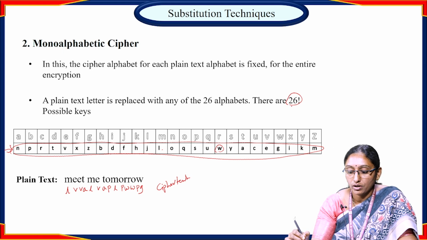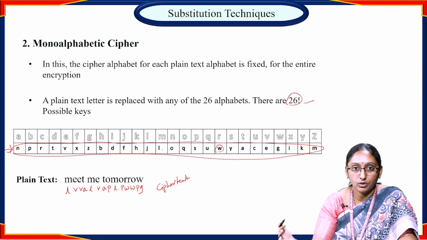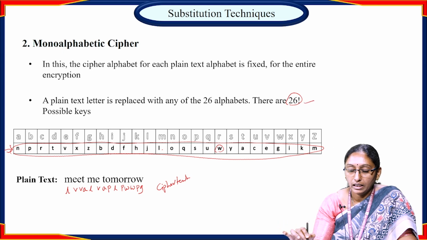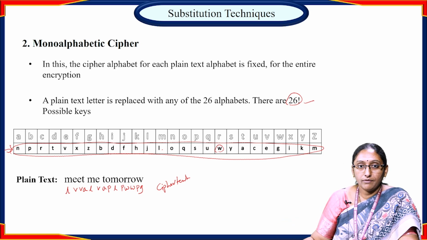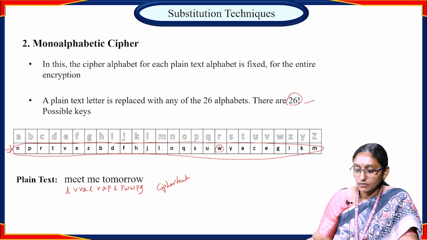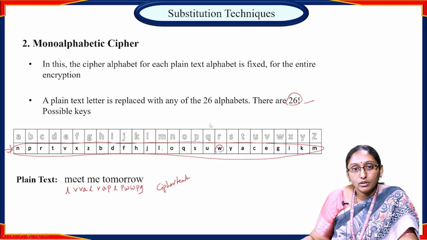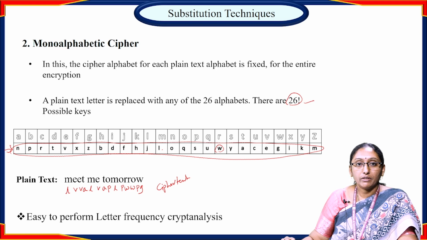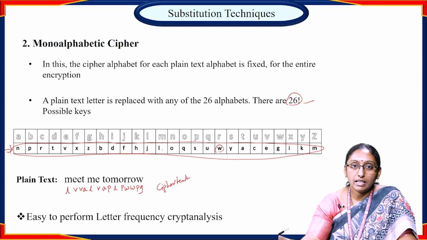But how many choices are there for the user? 26 factorial. You can choose any one of those 26 factorial keys. So, it is somewhat more complex when compared with the Caesar cipher. Still, the attacker can perform letter frequency cryptanalysis. Letter frequency means in English sentences, every letter has some standard frequency.